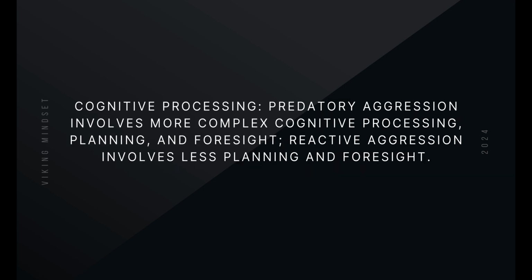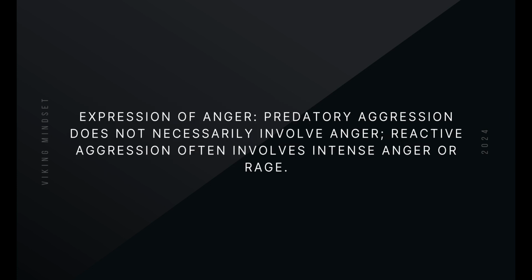With cognitive processing, predatory aggression involves a more complex cognitive process, planning and foresight, whereas reactive aggression involves less planning and foresight. As far as the expression of anger, predatory aggression does not necessarily involve anger. Reactive aggression often involves intense anger or rage.